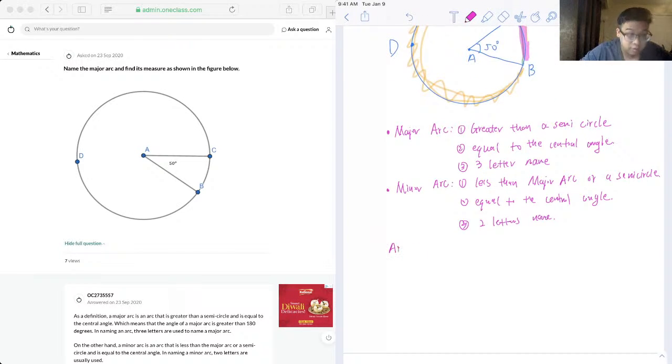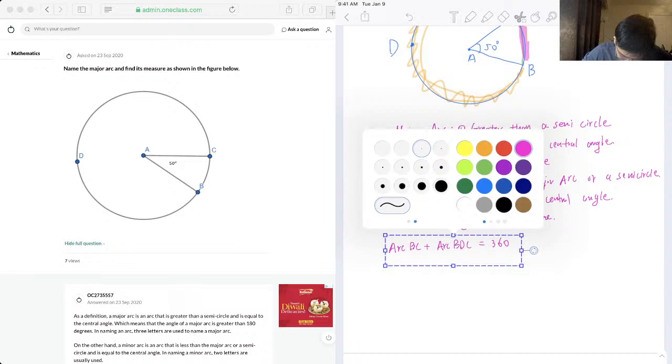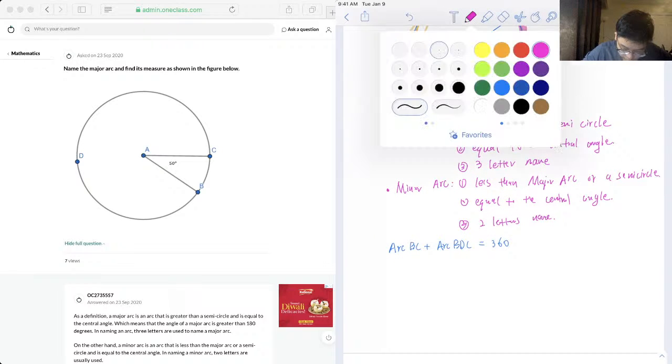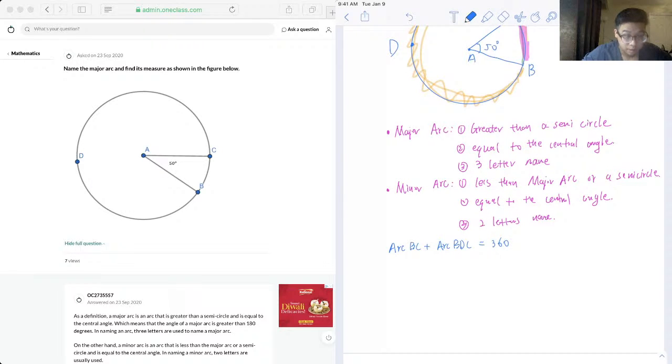So arc BC plus arc BDC is equal to 360. Since we know arc BC is equal to 50, we can substitute the 50 in.